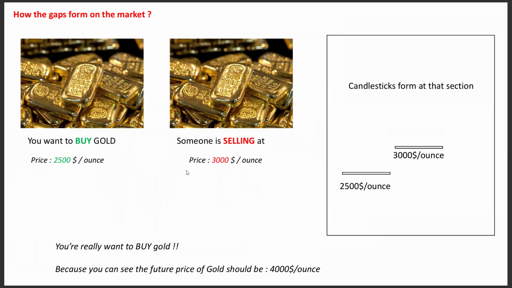Just for example, say you own a filling station in Nigeria and you want to buy fuel. You know that there will be fuel scarcity in the following week. Let's say the current price is 8,000 naira per liter, I'm not sure of fuel prices in Nigeria at the moment, and someone wants to sell to you at a higher price, but you still buy because you know that in the following weeks the price can go up to even more.